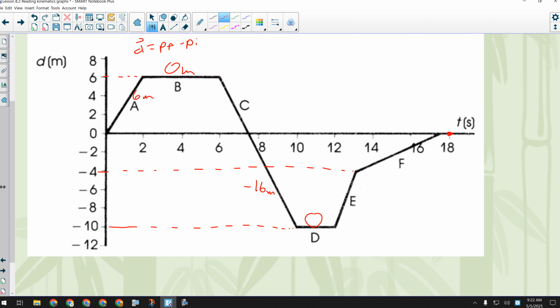D is 0, and then E goes from negative 10 to negative 4, so that's positive 6, and then it goes from negative 4 to 0, that's another positive 4. So 10 plus 16 is 26, plus 6 more, 32 meters is the total distance traveled for that object.